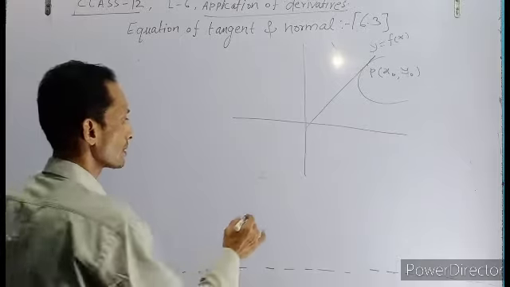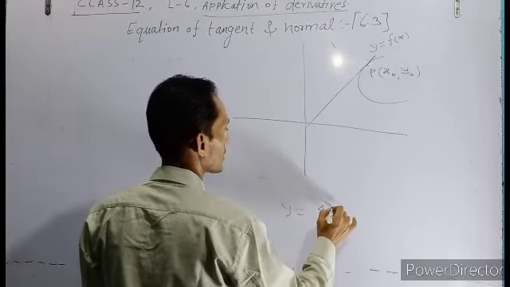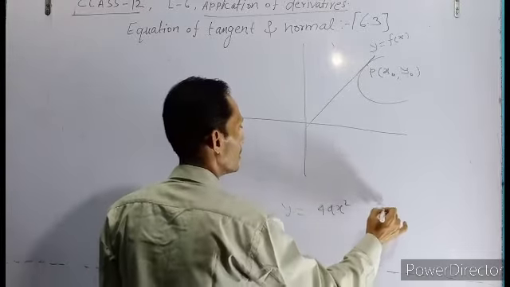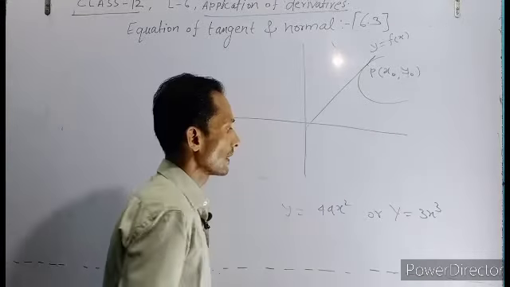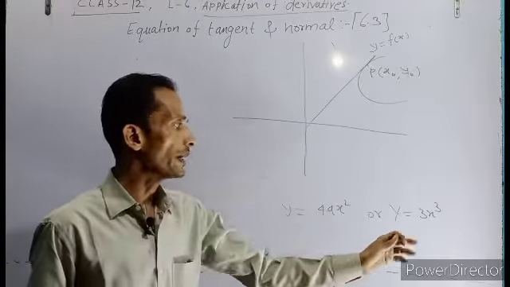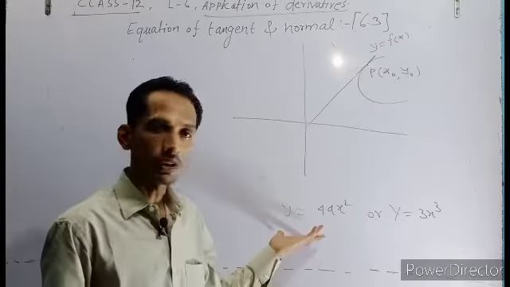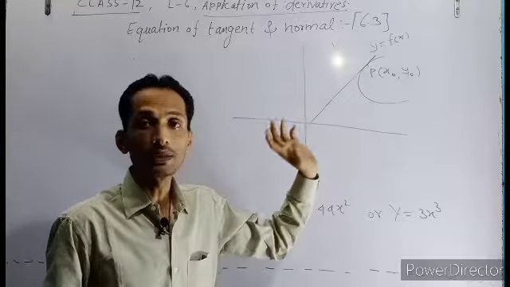How can we find the slope of the given function? Suppose you are given the function y equal to 4ax square, or y equal to 3x cube. How can we find the slope in this way? That is not possible in coordinate geometry, but we can find it with the help of the derivative.